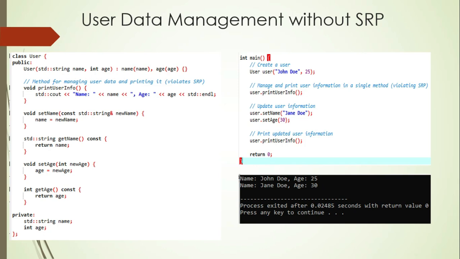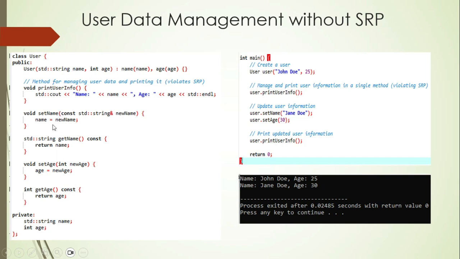You can see here we have User, and this is the constructor, the same logic. Whenever an object of this class is created, it will be called automatically. We have private data members, we have void printUserInformation, setName and getName.